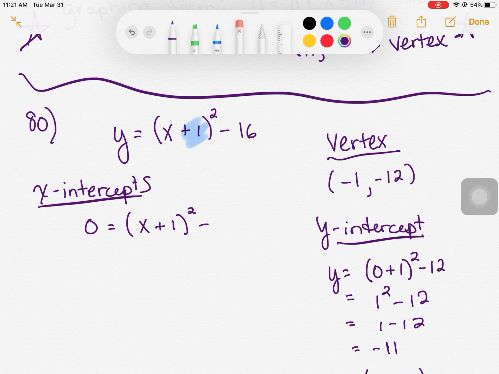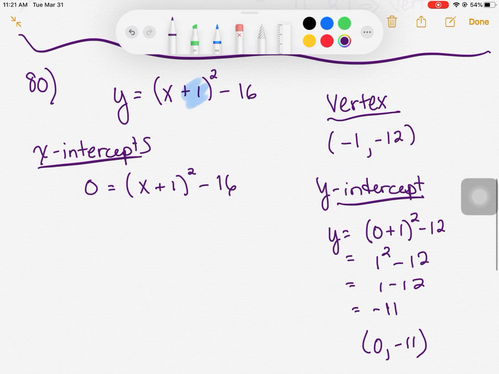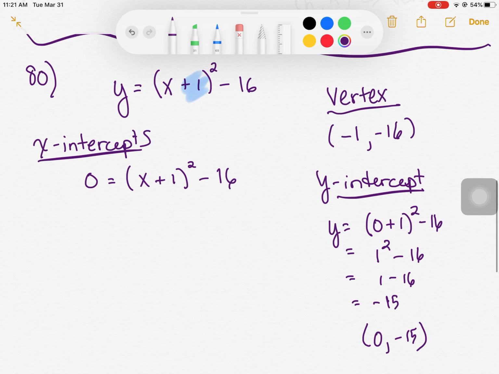Not that we couldn't do it, but I'm not ready to make it quite that ugly for you guys yet. This is 16, and now you really feel like you guys are in my class, right? Since this has happened in class as well. I'm going to fix this, this, this, and this. So this is 16, 16, 16. That's -15. All right, this will work out nicer.